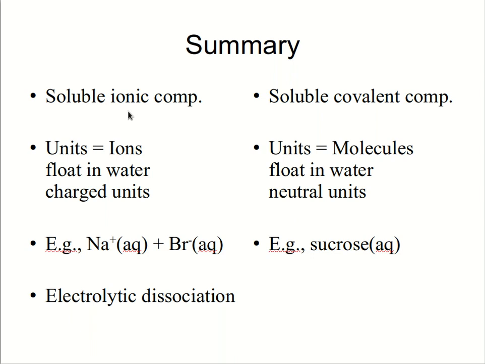But for the time being, let's compare soluble ionic with soluble covalent. Then the units are ions. They float in water and I get charged units floating around in water. Here, my units are molecules. They float in water and I get only neutral molecules floating around, only neutral units.